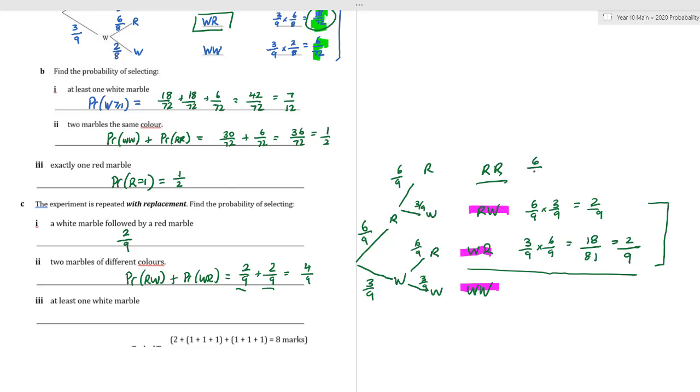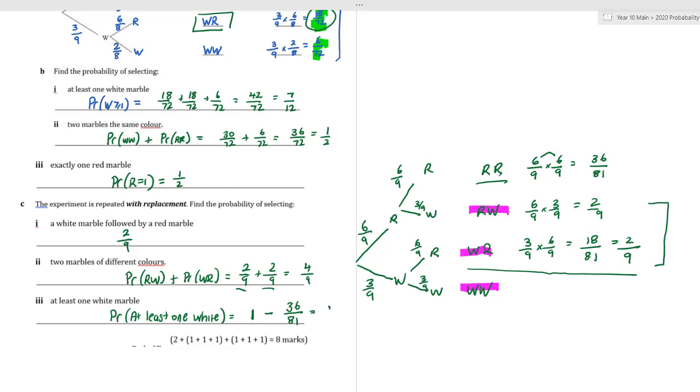Now, let's work out 6 ninths times 6 ninths is what, Ollie? 36 over 81. Very good. Now, what we can then do is, I'm just going to write it in English, the probability of at least one white is equal to, rather than adding up all of those things, 2 9ths plus 2 9ths, we can subtract our 0 white marbles from 1, and that's going to give us our answer.